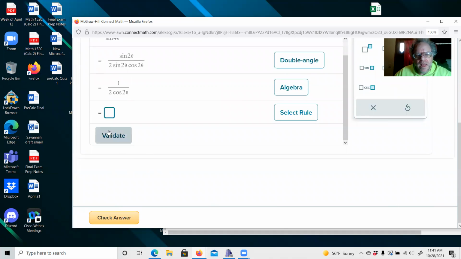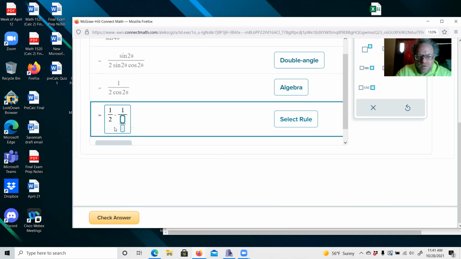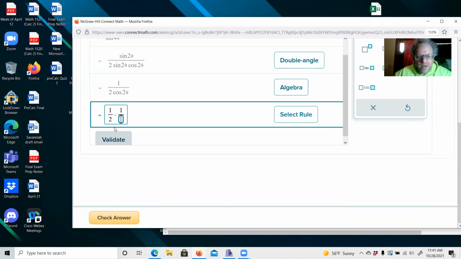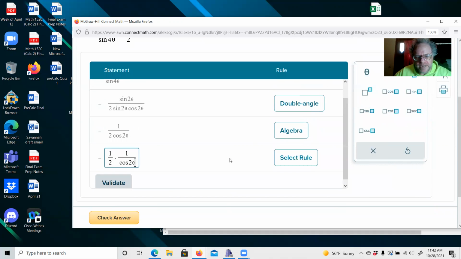And then we're going to have 1/2 times 1 over cosine of 2 theta.